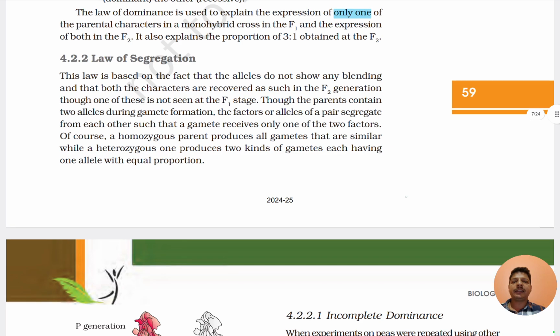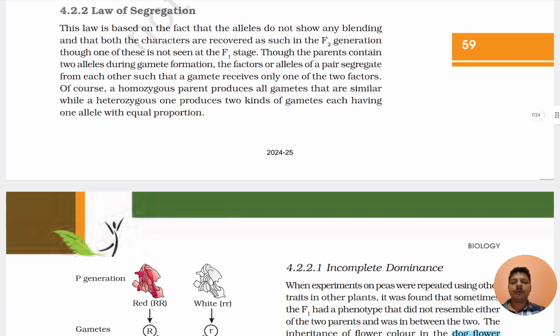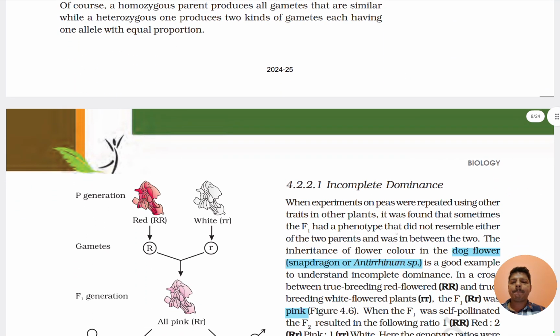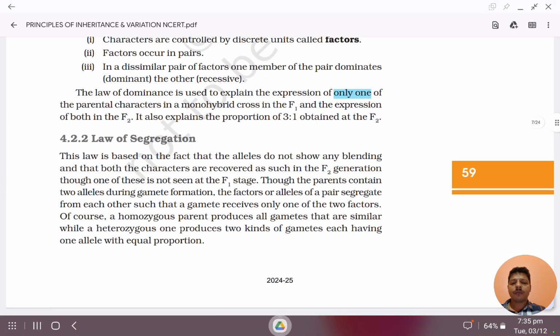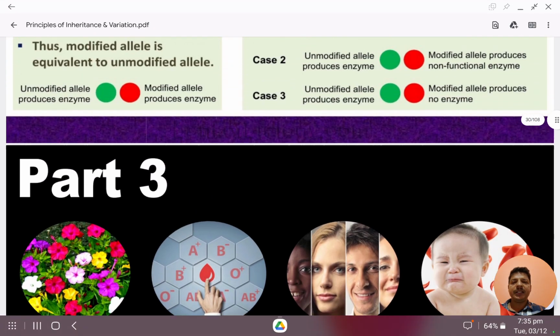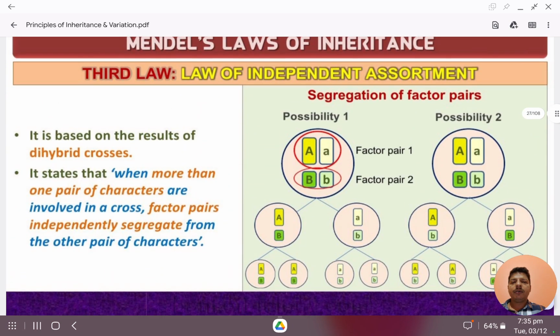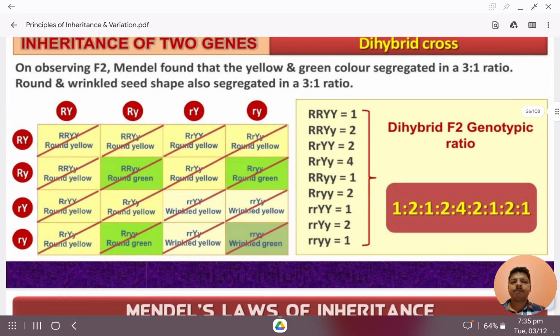And coming to the law of segregation, we have already seen it in this diagram. In the diagram, what happened? Again, revisit the PDF for the law of segregation.